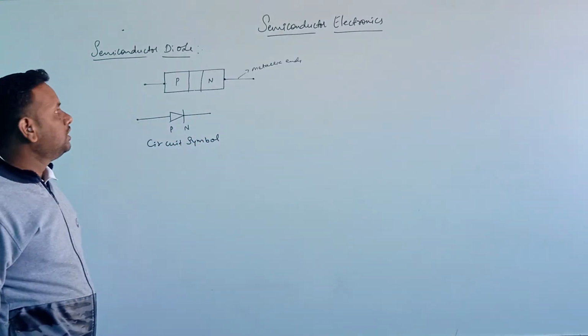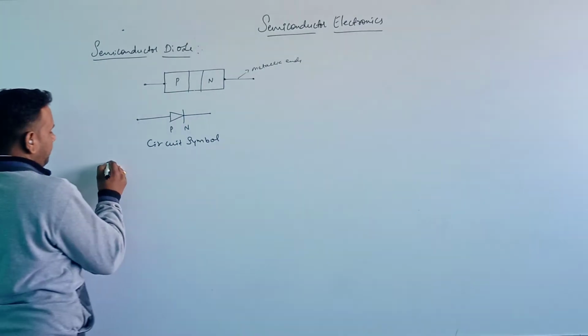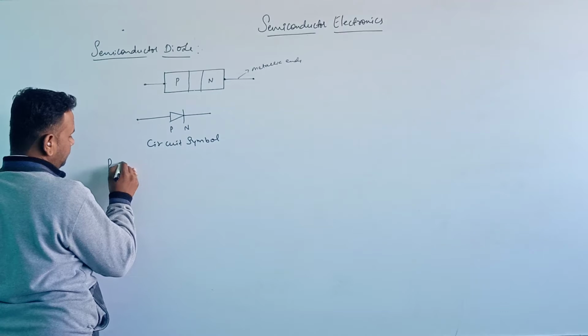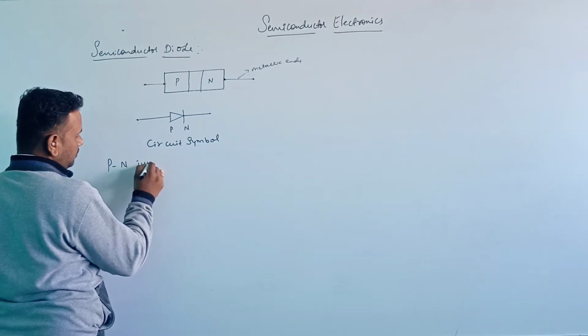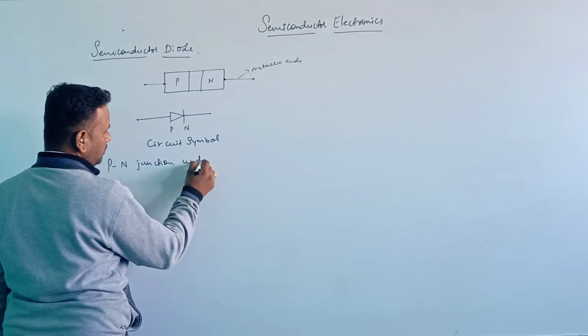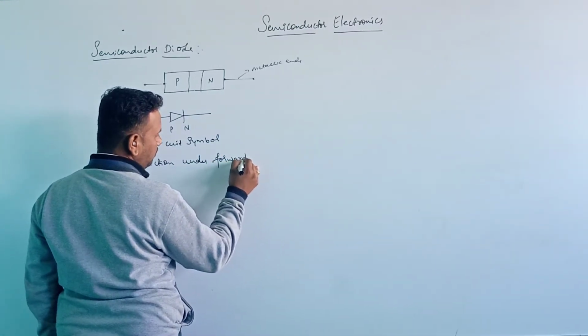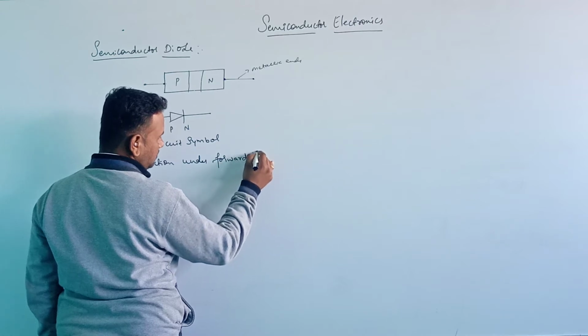Now let us move on to the PN junction under forward bias.